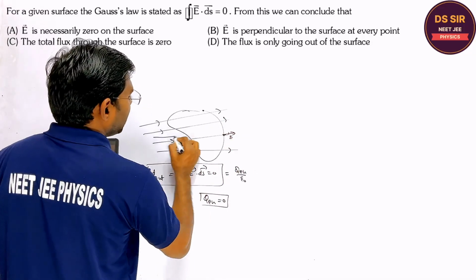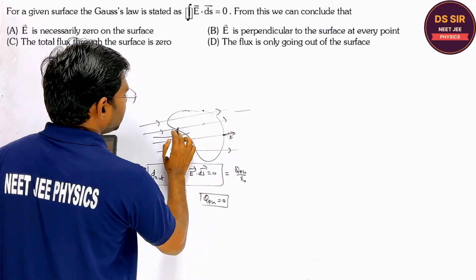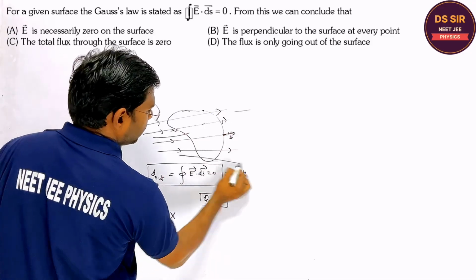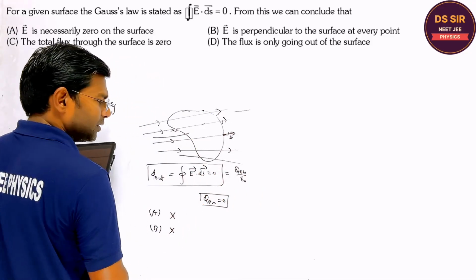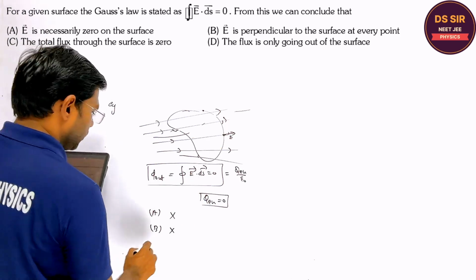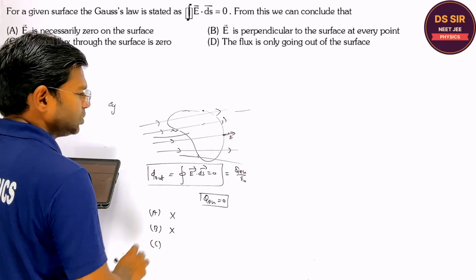The electric field may be like this, not perpendicular. So it is not necessary for the electric field to be perpendicular. Option C: the total flux through the closed surface is 0, right?